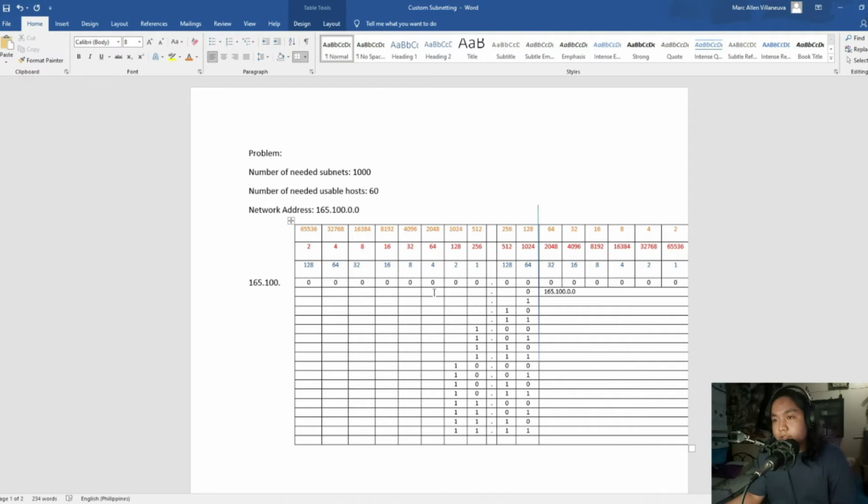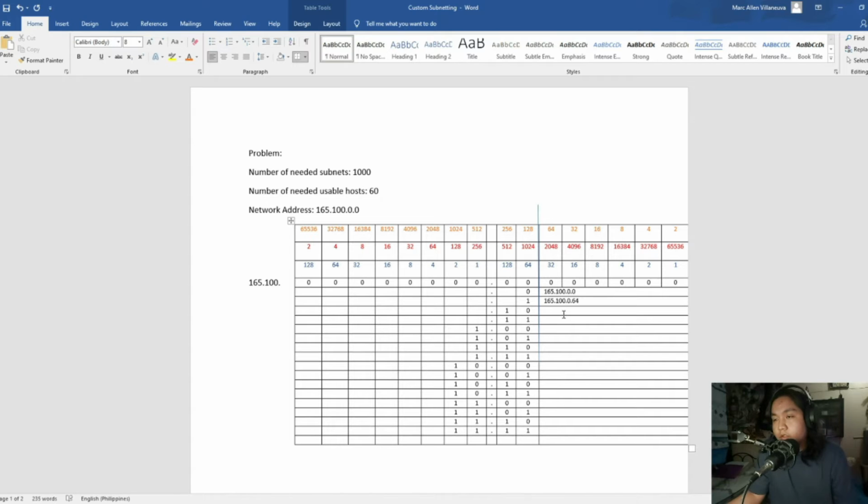So next, we need to write 165.100.0, since we don't have anything here in our third octet, and since we have 1 here, we convert it to 64.